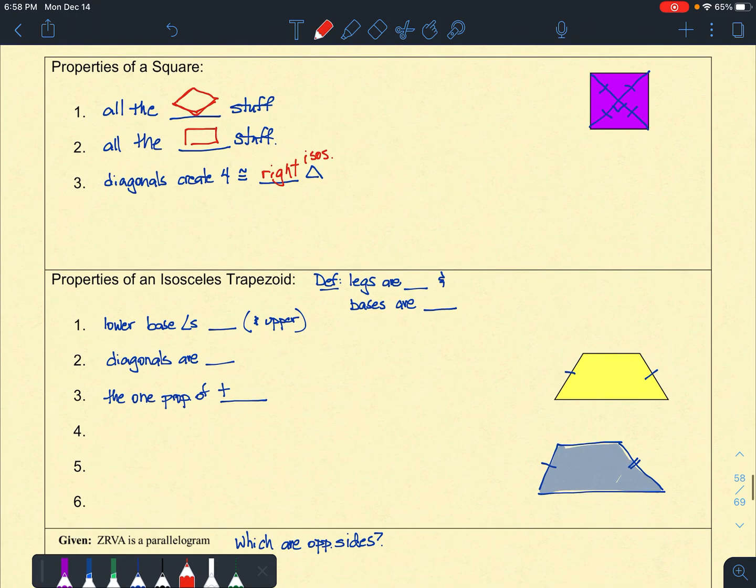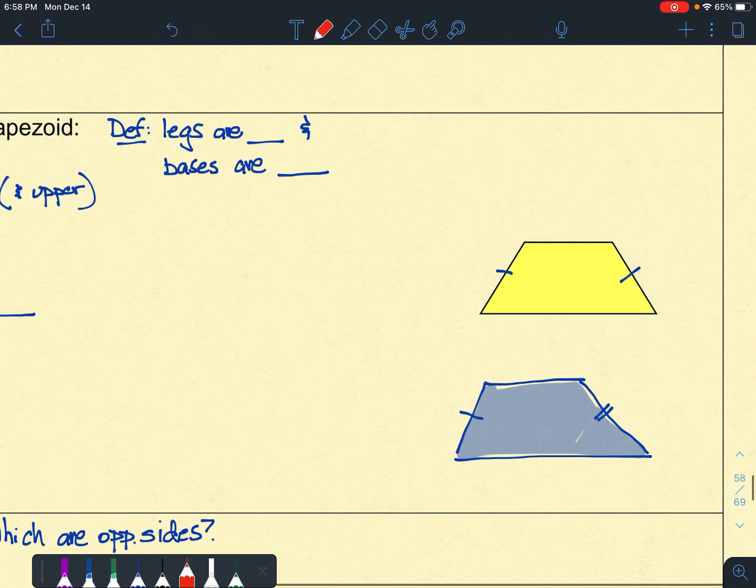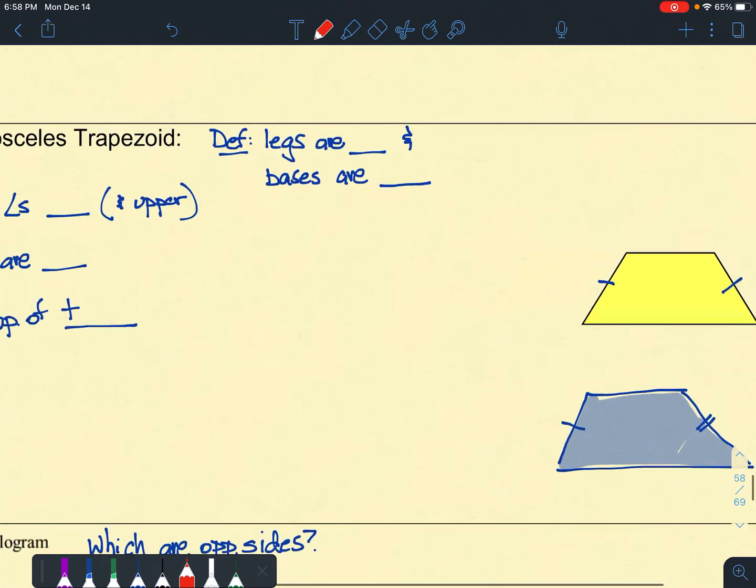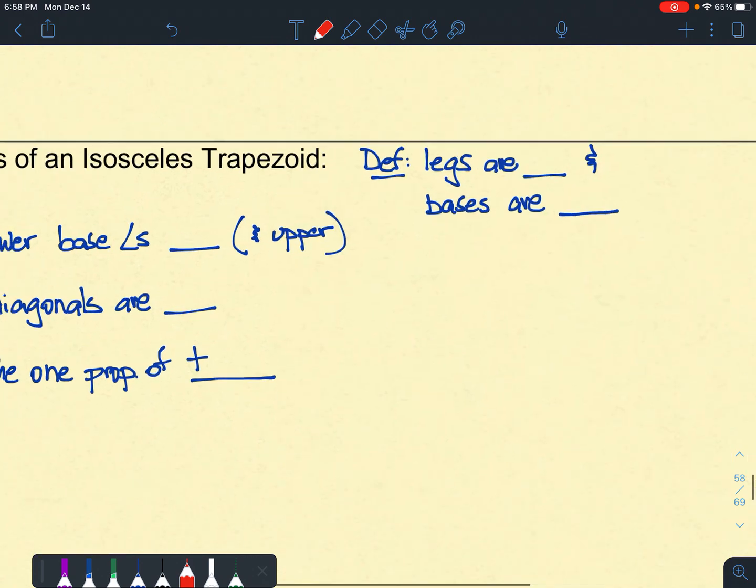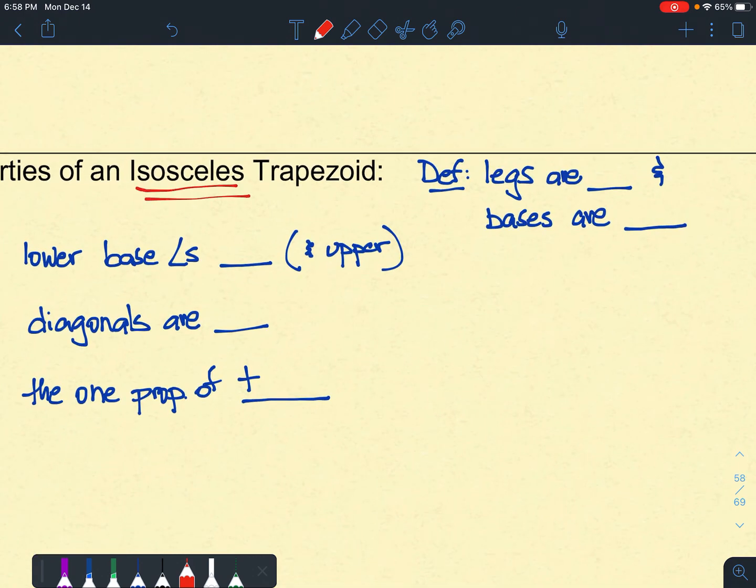Finally, we end up with the trapezoids. The legs for the isosceles trapezoids, yes? Caution. So legs are congruent, and there's only one pair, and the bases are not congruent. Again, that is the other pair. The lower base angles then are congruent.